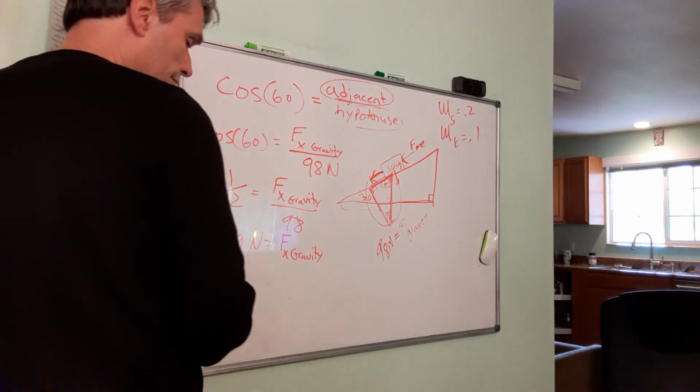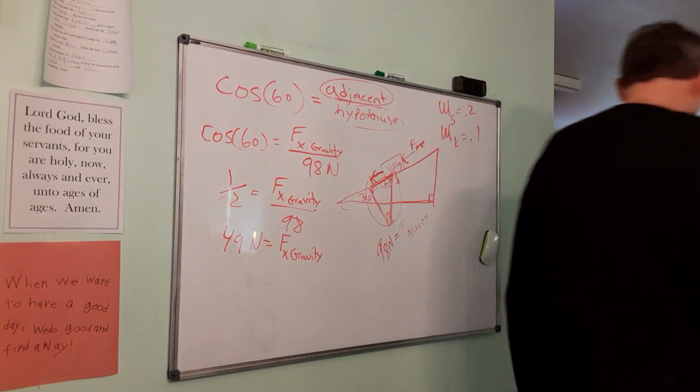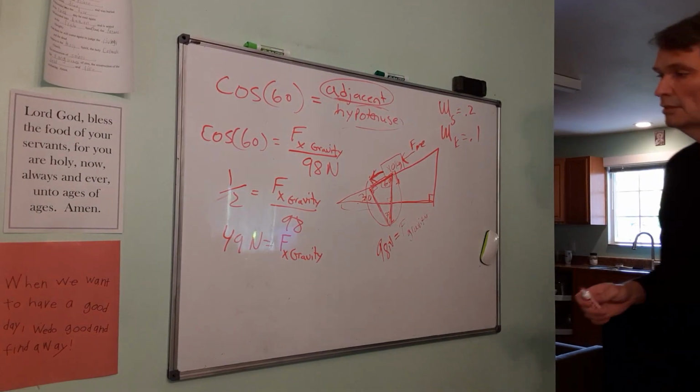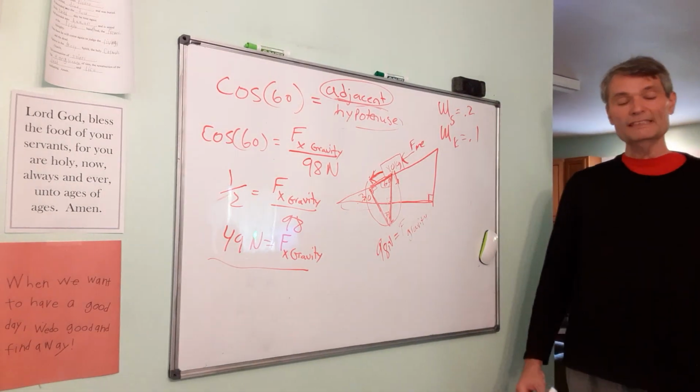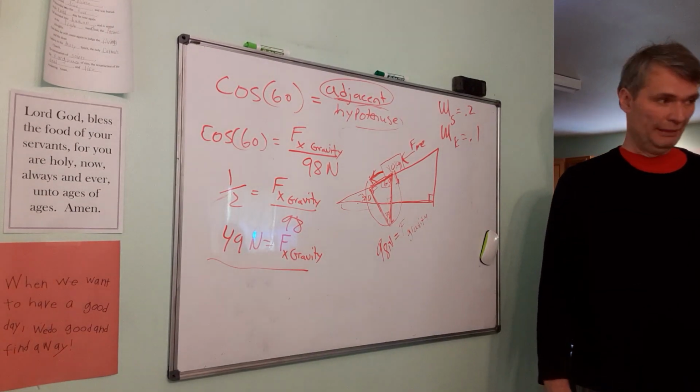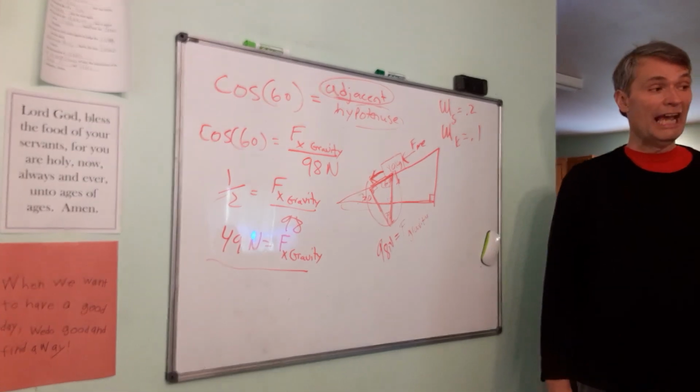So there we go. That is the force that's helping us. Now there's a force that we have to calculate that isn't helping us, and that's the static friction force.